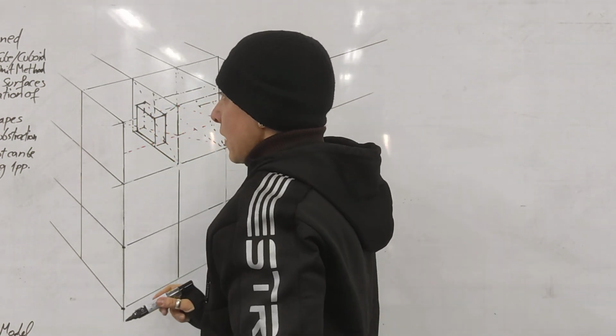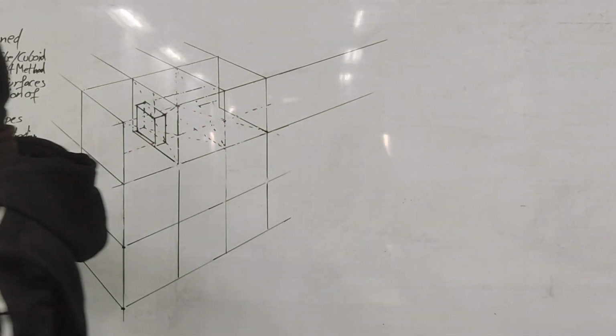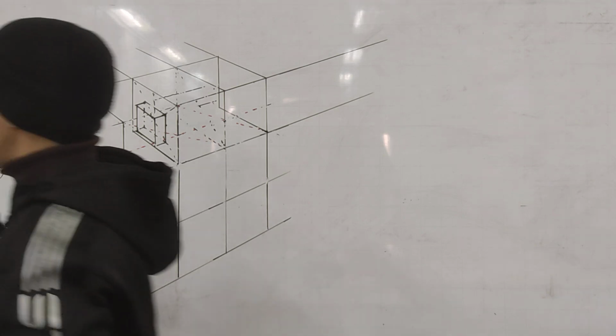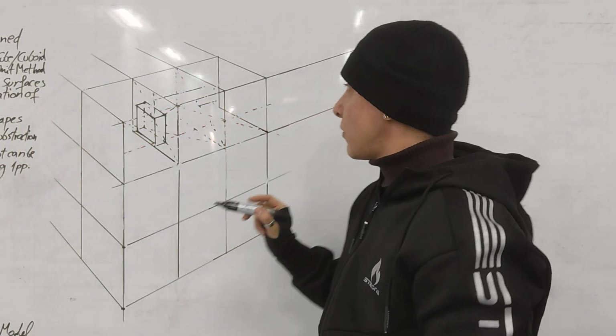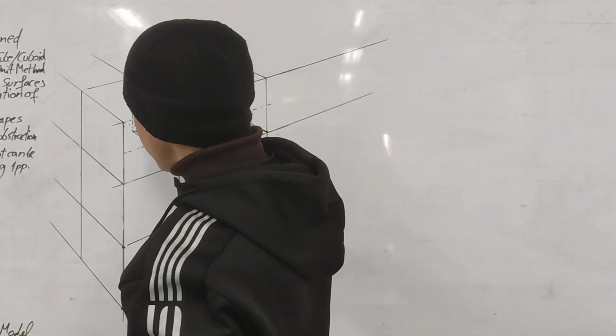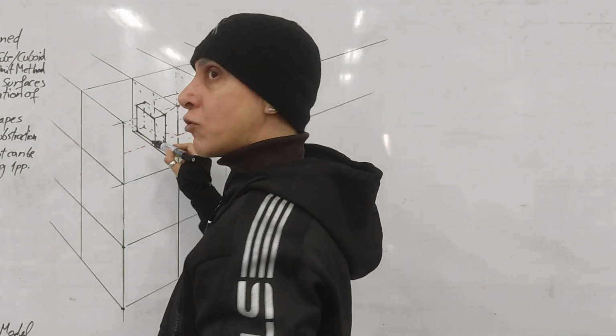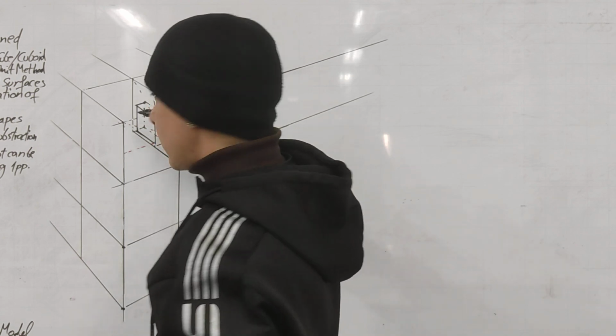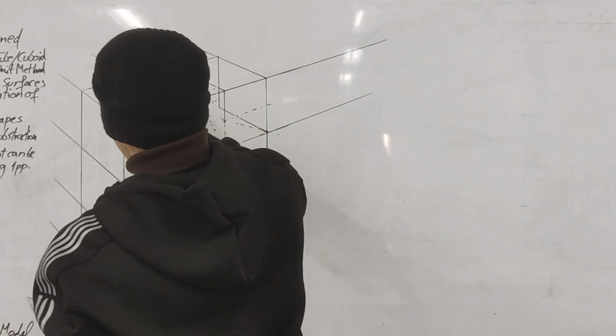Now, inside this one, there is this round object. Anything round you see in perspective means it first is a square. So, depending on the size of the square, I have to split the surfaces. I don't want the circle to be this big, so I will split it in half. Again, split.